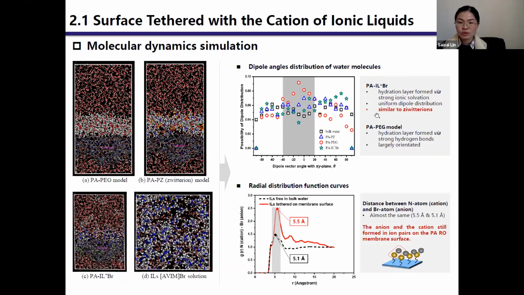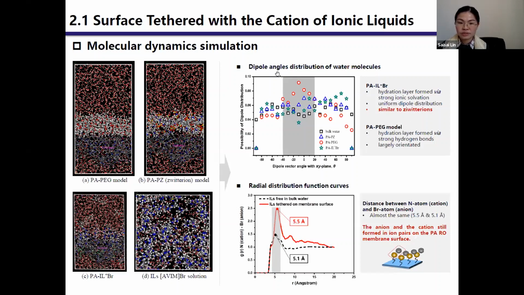So the hydration layer formed on the PA-IL surface was quite similar to the zwitterion grafted PA surface. It has this uniform dipole distribution.